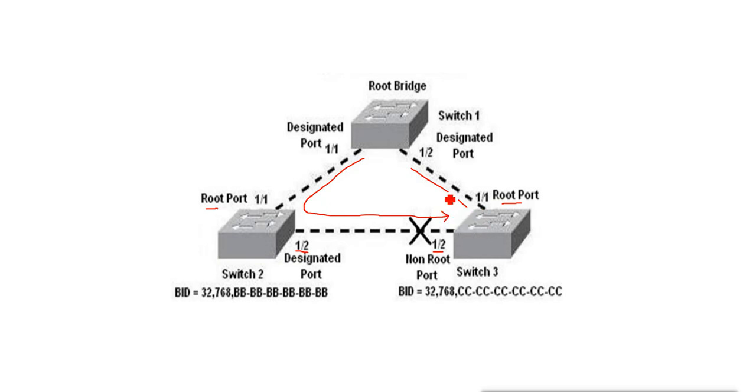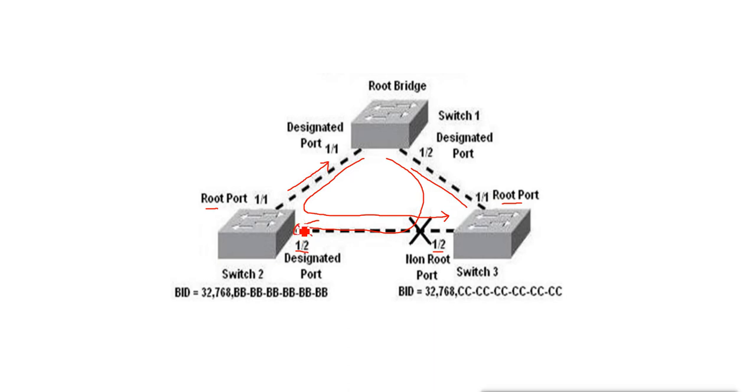It gets back from the other side. That means this port is creating a loop. And for switch 2 also, the BPDU which it sends here loops back on this port, and by this switch 2 knows that this is the port which can create a loop.